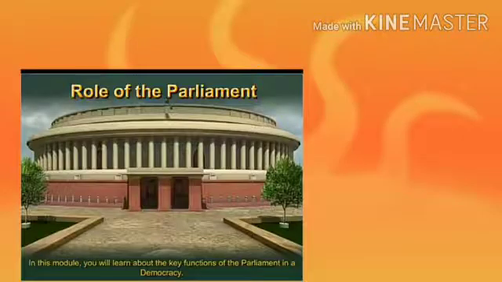After the selection of the parliament, it performs some important roles in the government. The role which is played by the parliament in our government, that we will study now. Let us see what functions the parliament carries out.